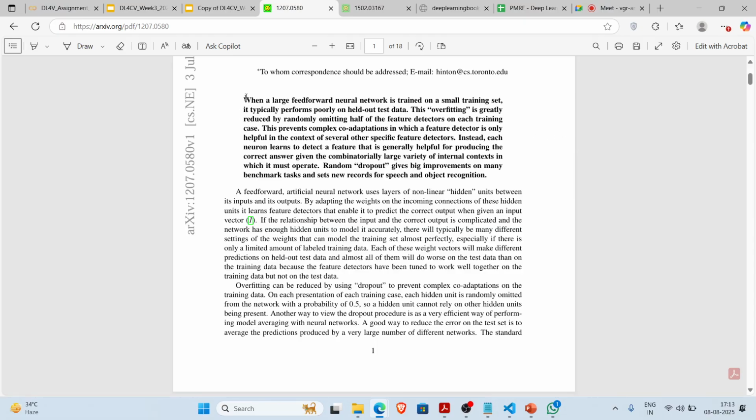If you check out the paper, overfitting is greatly reduced by randomly omitting half of the feature detectors on each training case. This helps prevent complex co-adaptation of feature detectors.